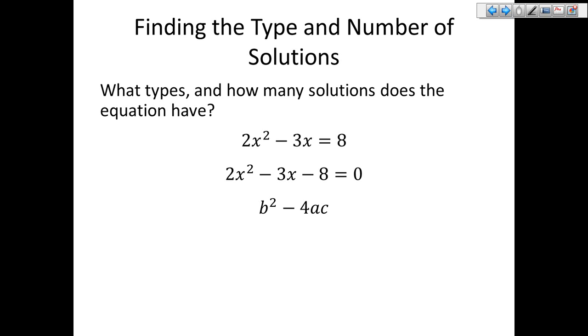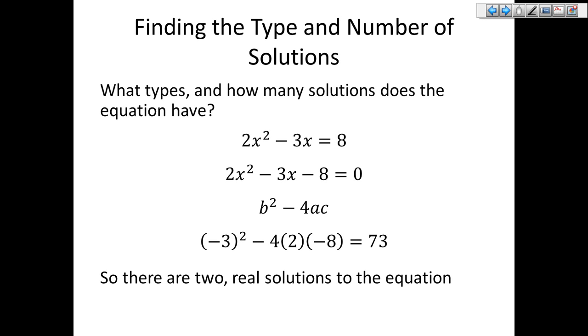I'm just going to plug in for the b squared minus 4ac. So b squared minus 4ac in this equation is a positive 73. Now, since it's a positive number, that means that there are two real solutions to this equation. I'm not actually being asked to find them. I'm just being asked how many are there, and are they real or complex.